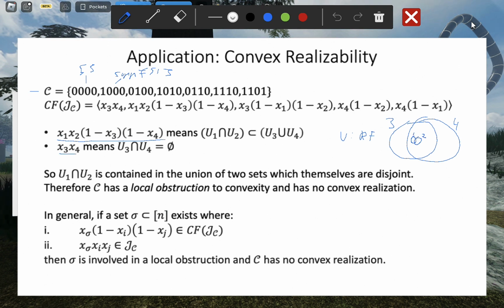But because of this, x3 and x4 means that the intersection between these two receptive fields is empty. So that's not possible with this picture if these are convex, but it is possible if you make it non-convex. And this situation is called a local obstruction to convexity.